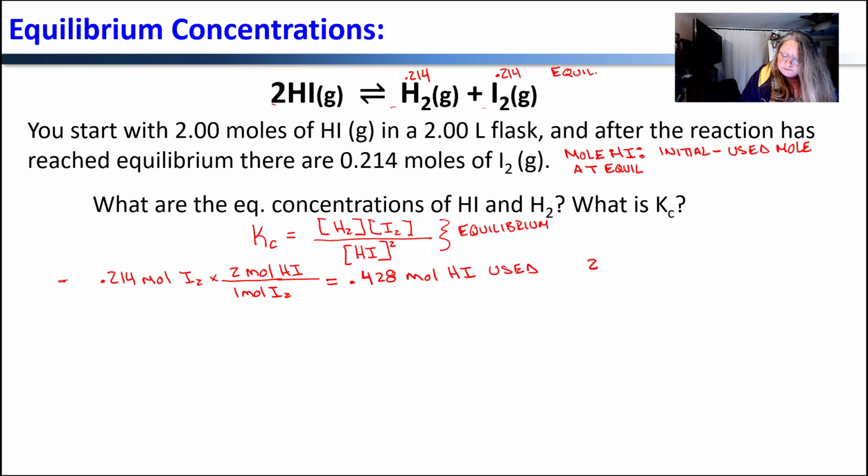So 2 moles of HI minus my 0.428 moles used will give me how much I have of HI at equilibrium. So 2 minus 0.428 tells me that I have 1.572 moles.